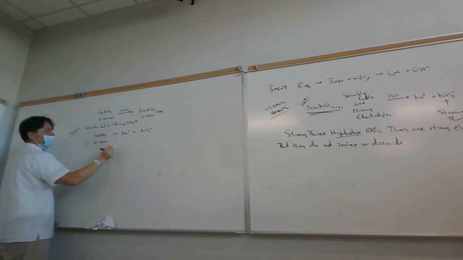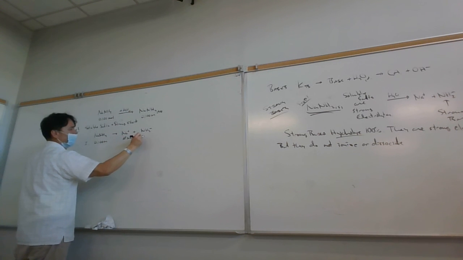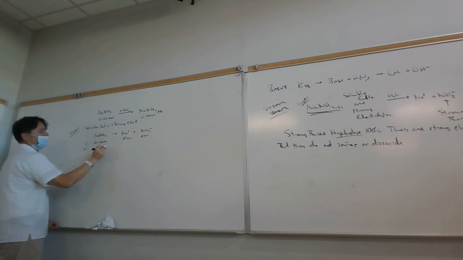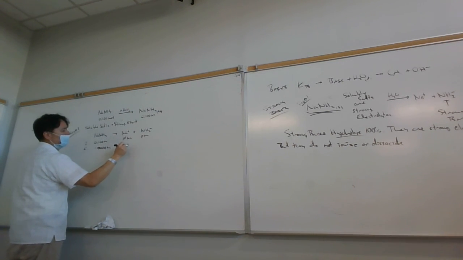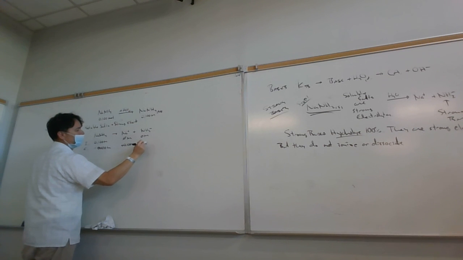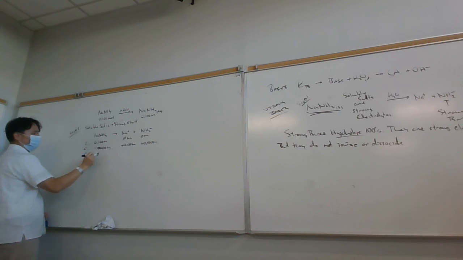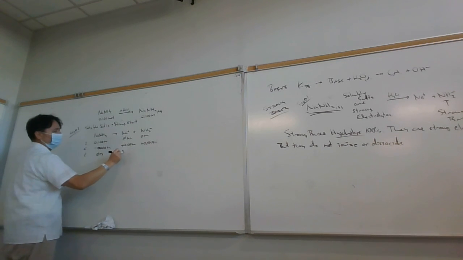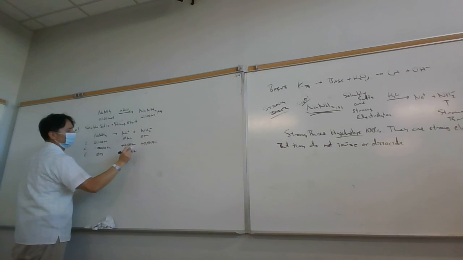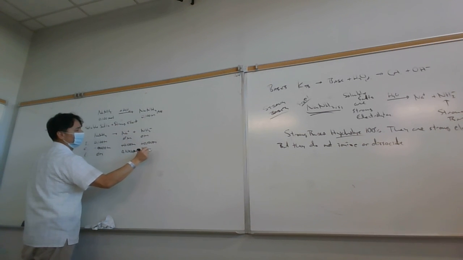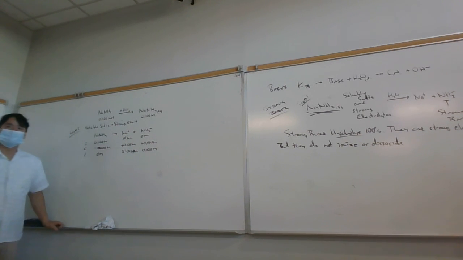So initial, I'm going to assume nothing has ionized or dissociated, and then the change is going to be complete. And so this is minus 0.100 molar, plus 0.100 molar, plus 0.100 molar. And so at the end of this, I'm going to have no more sodium amide, and I'm just going to have 0.100 molar sodium ions and 0.100 molar amide ions.